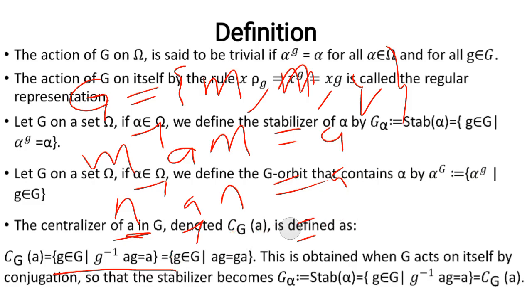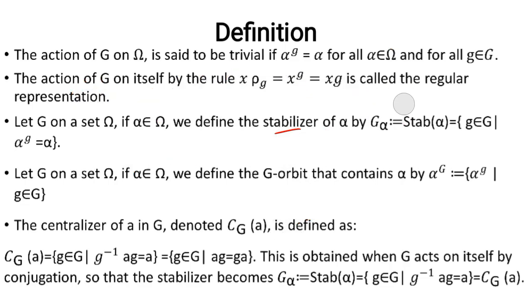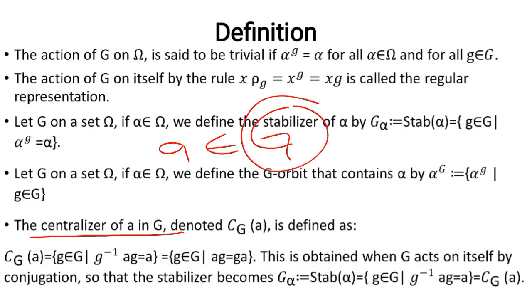So when you have this kind of relationship in the group G that satisfies this condition, we say we have the centralizer of A in G. So it's an element A in G such that all elements in G can commute with it, as you can see on the screen.